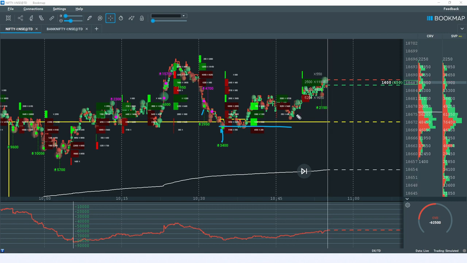Just because you are seeing absorption, you should not get into a long trade. We are aligning this information with the present trend, which gives us the power to align with the basic trend. So we are not looking for a trade against the present trend. That's why the framework is absolutely important.